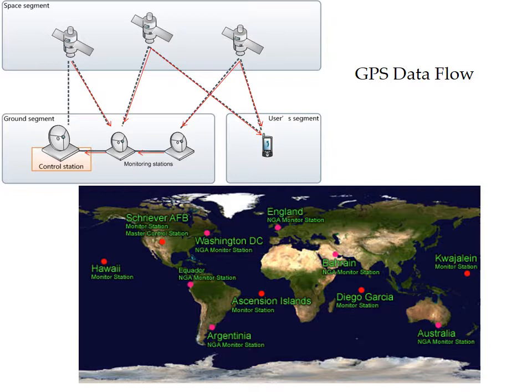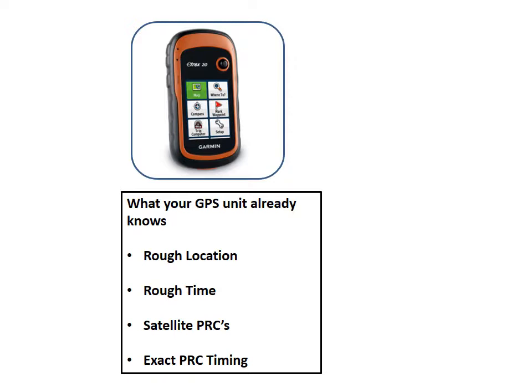If any of the satellites needs a correction, there's one station that can send these corrections to the satellites. This ensures that the PRCs are embedded with the most accurate time and position data. So the GPS satellites are broadcasting very precise and accurate information to your GPS receiver.